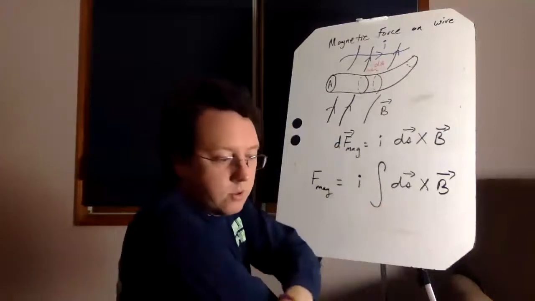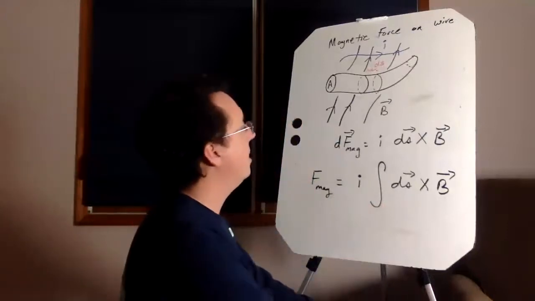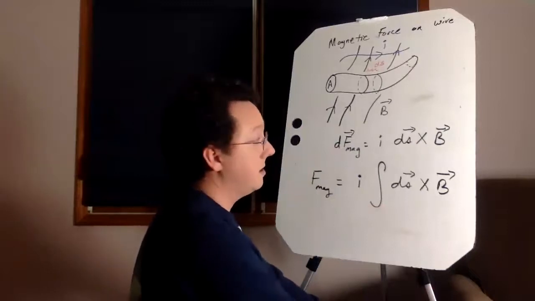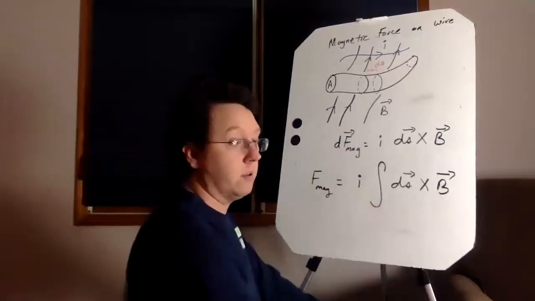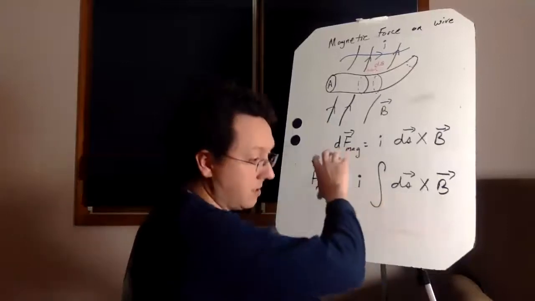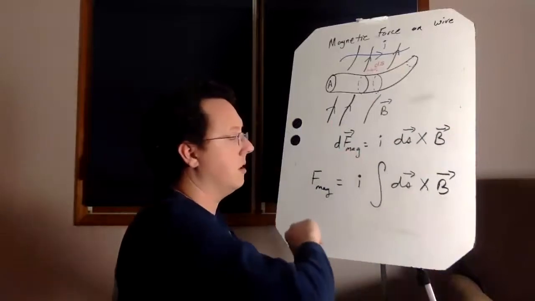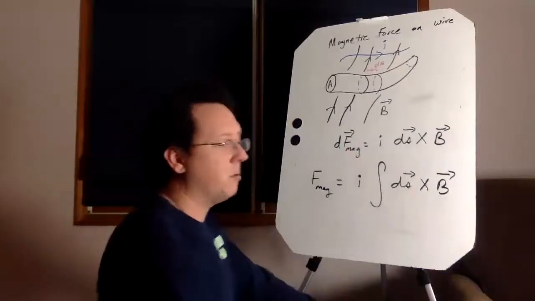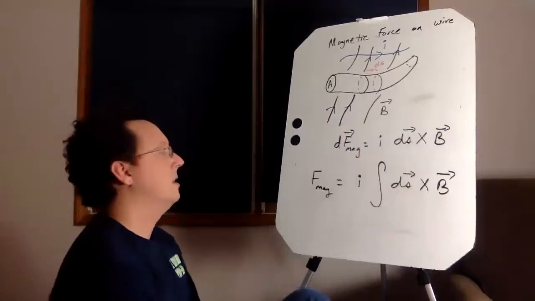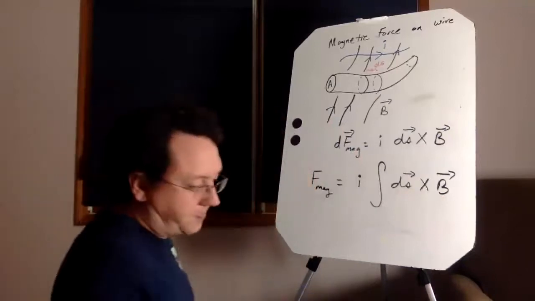And as usual in vector calc, for a typical shape, it's a nightmare to evaluate. But for special cases, namely when the magnetic field is constant, when the wire is a straight wire or a nice circle or a half circle, something simple, you can evaluate this and arrive at a reasonable formula.